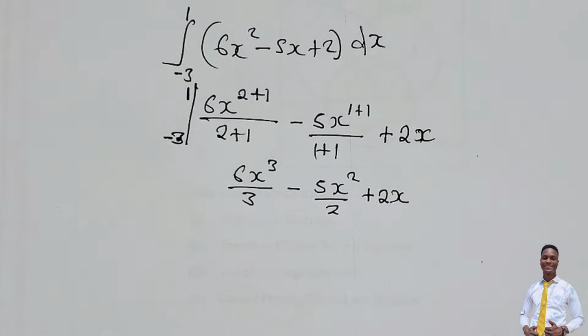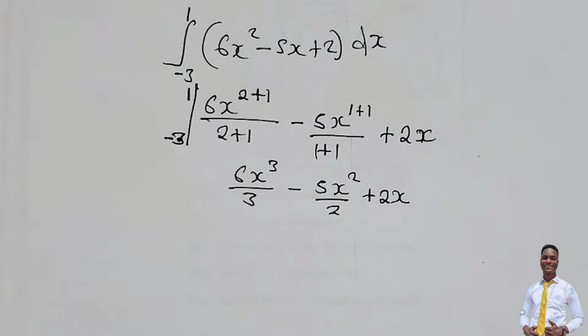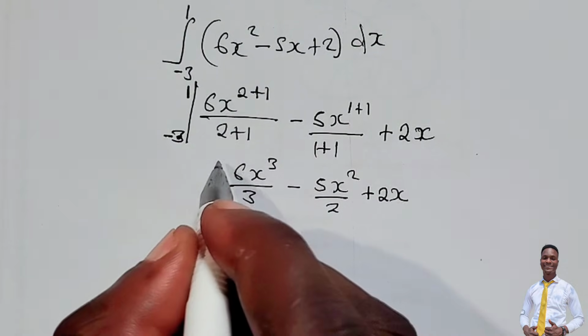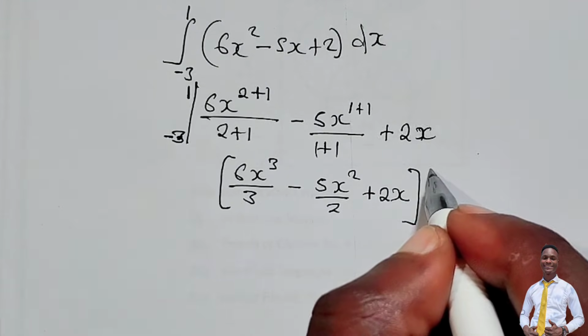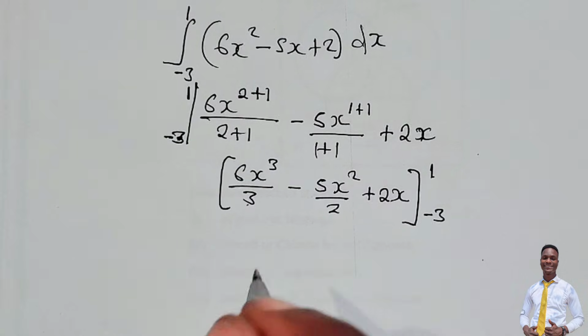Here we're not adding the arbitrary constant, which is c, because these are definite integrals. Let's not forget the upper limit, you just say 1, lower limit negative 3. 3 into 6 is 2 times.